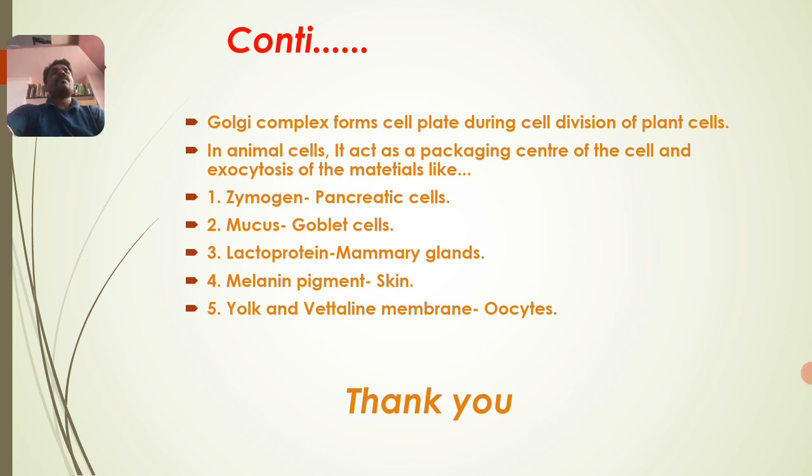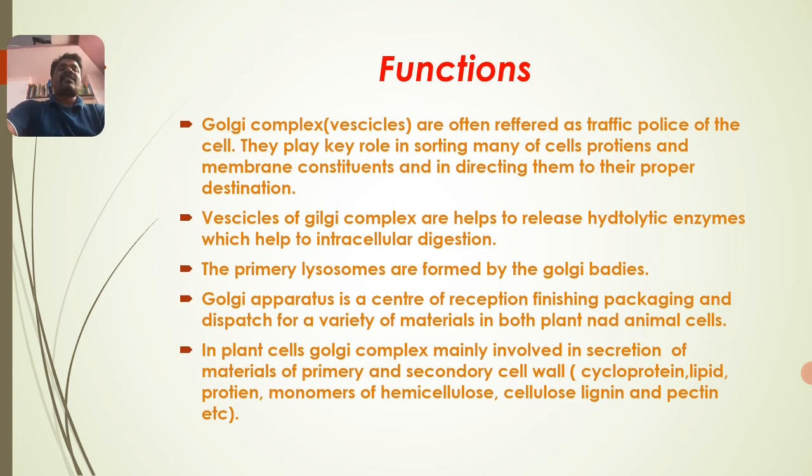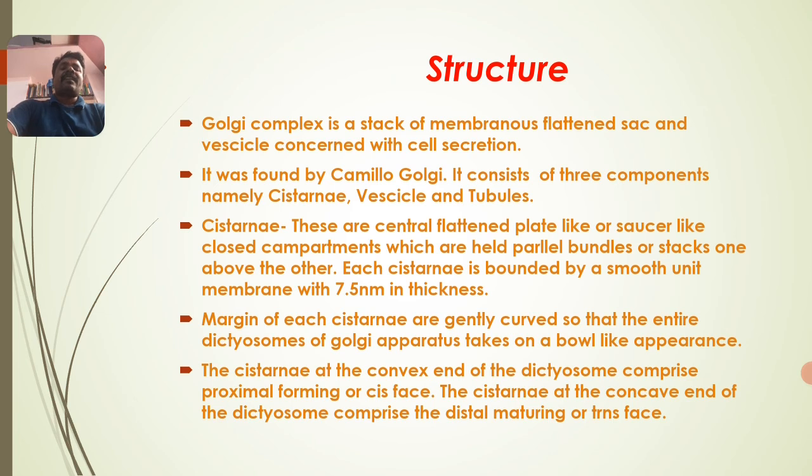So this is all about the structure and also the functions of the Golgi complex. In structure, there are mainly three components. We covered the organelle structure of the Golgi complex and what its components are.